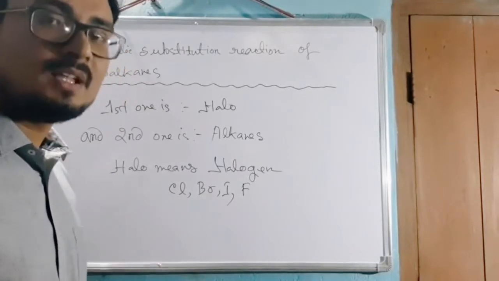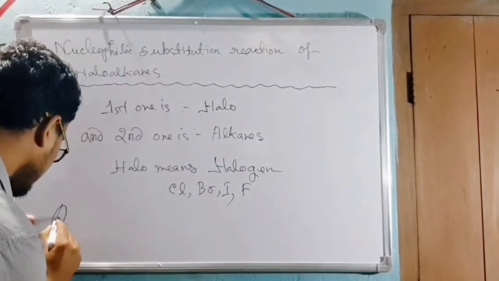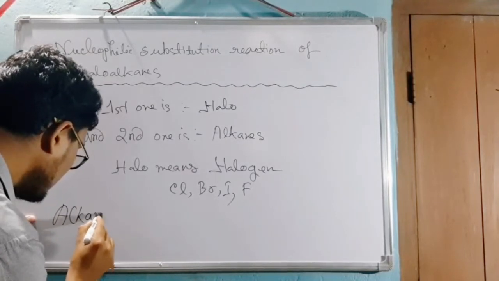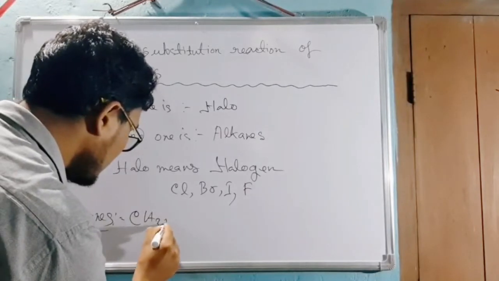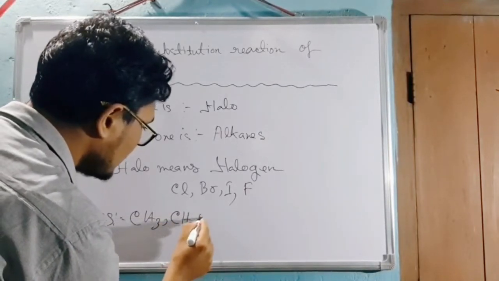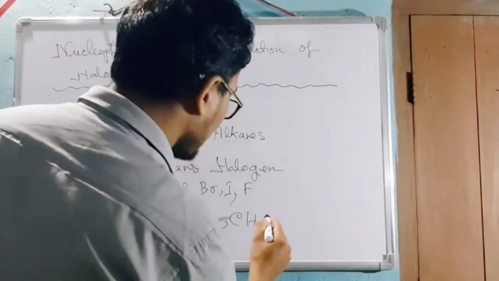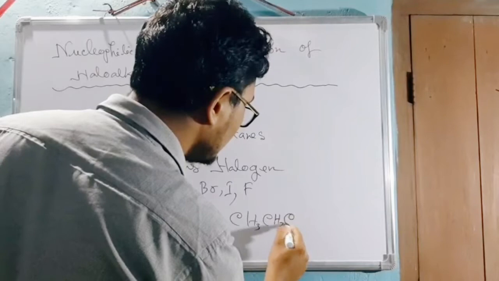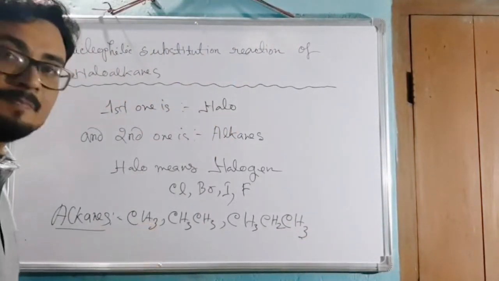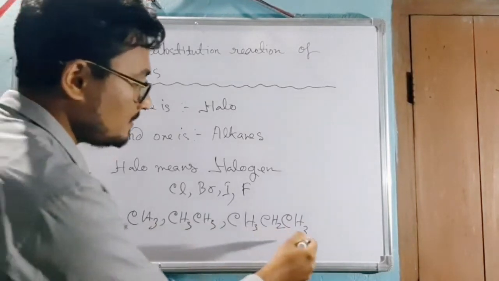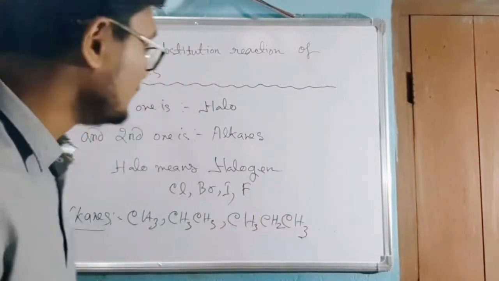Methane, ethane, propane, butane, like CH3, CH2, CH3. Methane, ethane, propane, butane, pentane, like this.